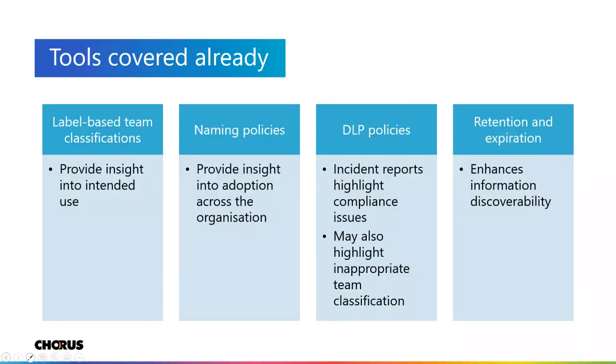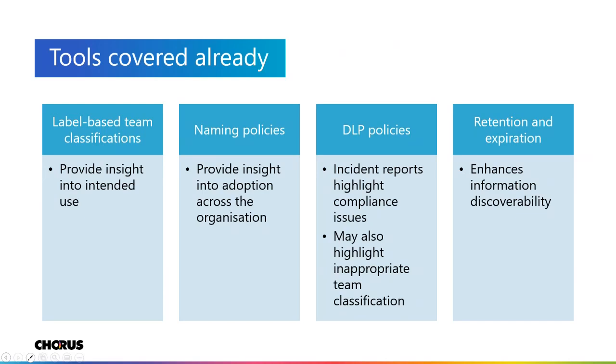So hopefully you'll notice we've answered most of those questions already. Our label-based classifications have the side effect of giving us insight into intended use. Our naming policies also give us insight. Our DLP policies, incident reports to admins, are a great way of highlighting compliance issues.